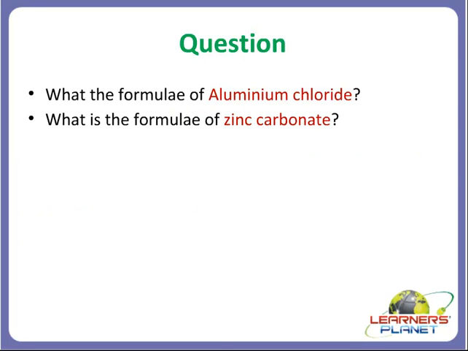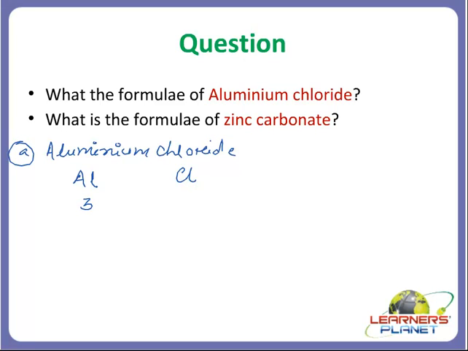What is the formula of aluminium chloride? Tell me, what is the formula of aluminium chloride? I'll write it here. First question, aluminium chloride. So students, the symbol for aluminium is Al. The symbol for chloride is Cl.